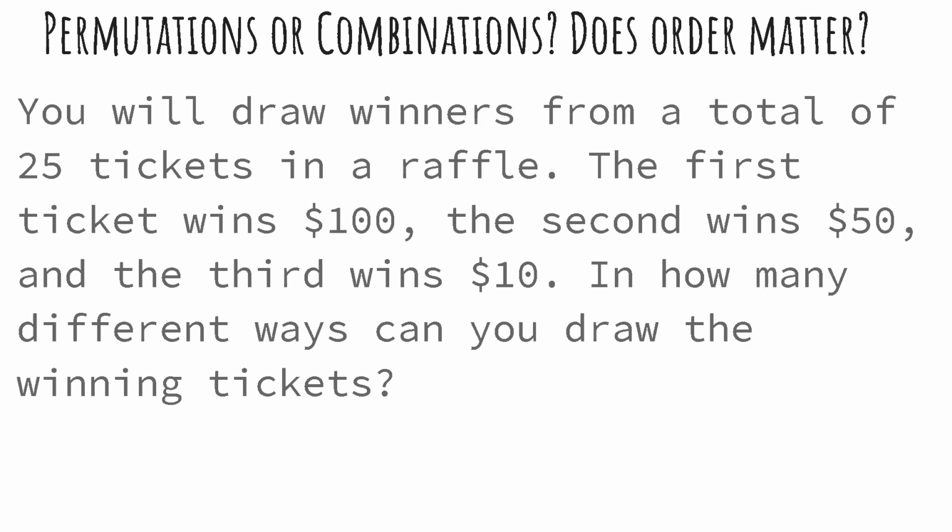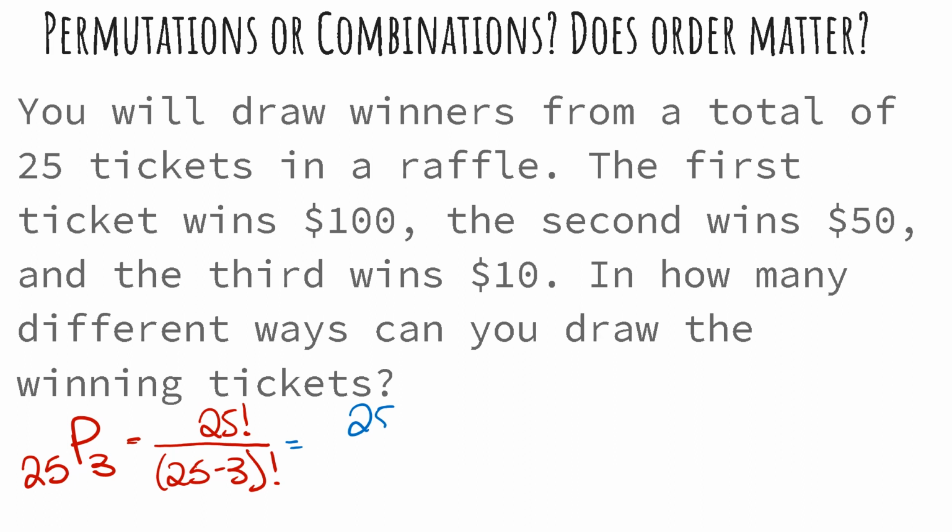What's my N in this case? 25. We have 25 raffle tickets we're taking from. We're doing permutation. And then what's my R? Right, 3. We have first, second, third. Don't let the money throw you off. We're choosing those 25 tickets in first, second, and third place. So then it'll be 25 factorial over, and the permutation doesn't have the extra R in the bottom, so it's just going to be 25 minus 3 factorial.